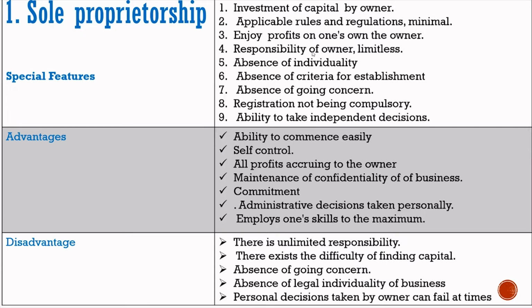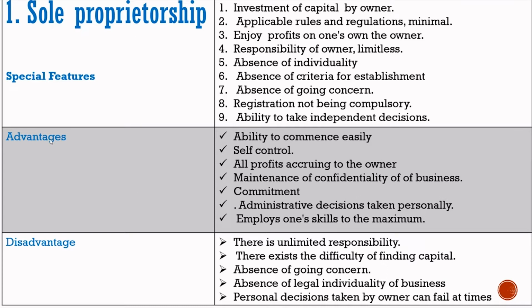And then the absence of individuality, absence of criteria for establishment, no going concern. These businesses do not have continuous survival, and their registration is not compulsory, and they have the ability to take independent decisions. So these are the basic features of sole proprietorships.